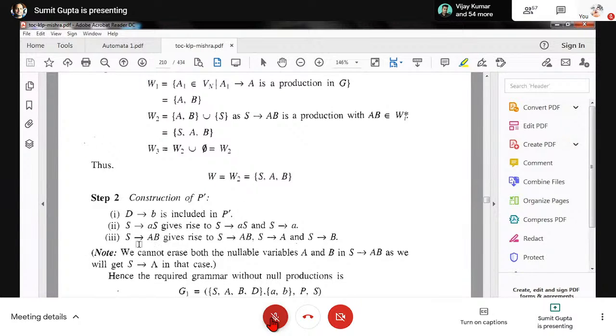Similarly, there was one particular production rule, S gives AB. We knew that A and B will ultimately lead me into null state. But you have to keep in mind that A and B together cannot be substituted.